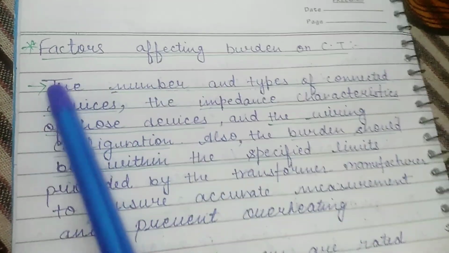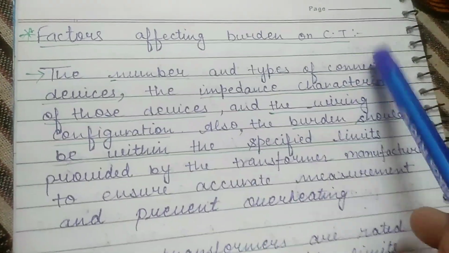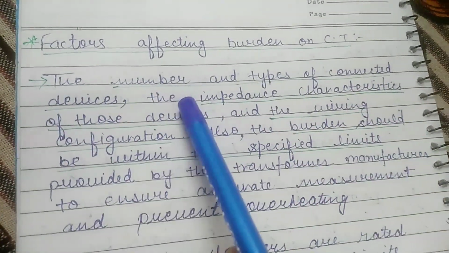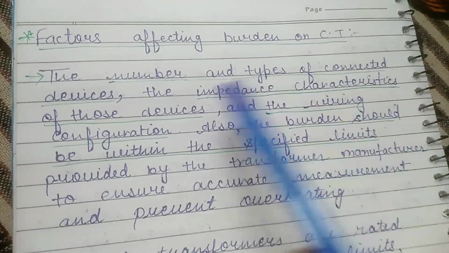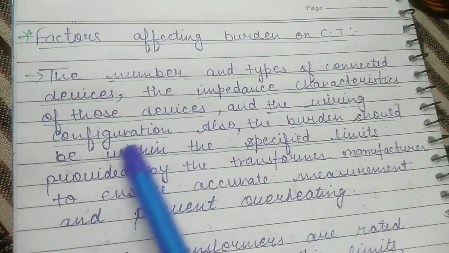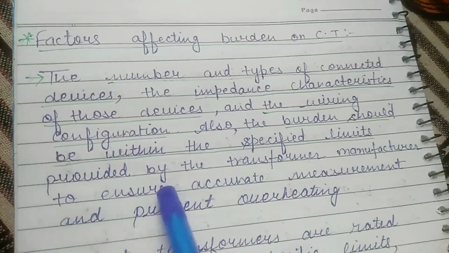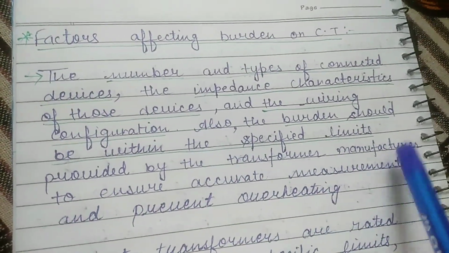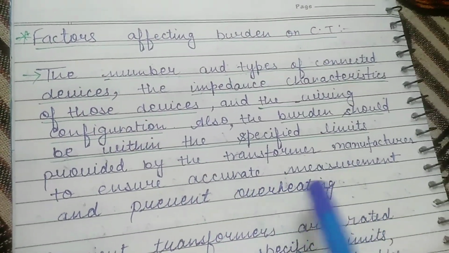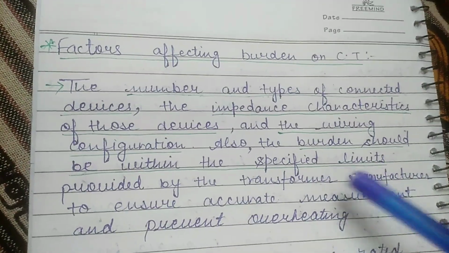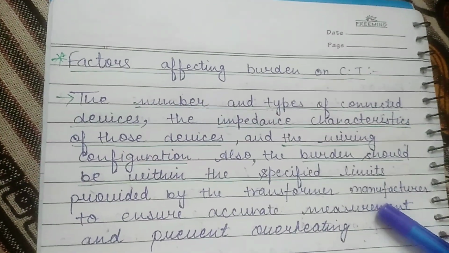Let's see the factors affecting burden on current transformer. So the number and types of connected devices, the impedance characteristics of those devices, and the wiring configurations. Also the burden should be within the specified limits provided by the transformer manufacturer to ensure accurate measurements and prevent overheating. We should also consider some practical considerations.